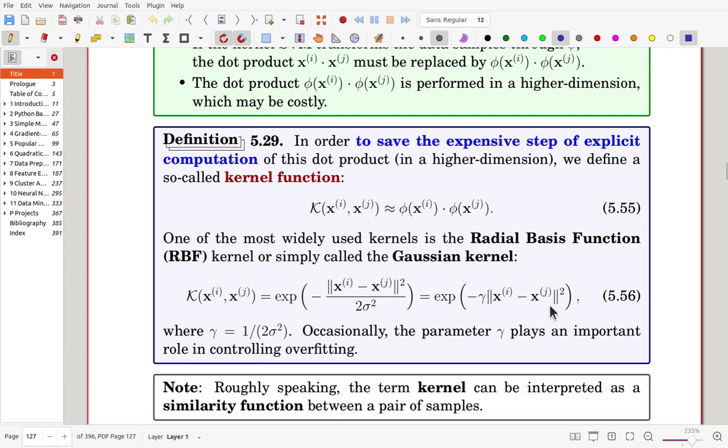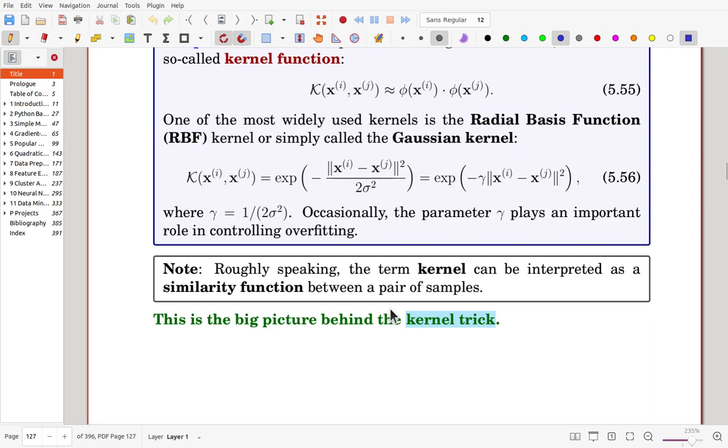If xi and xj are far away, then this norm squared will be large, and along with the negation, the value will be around 0. So we may consider the kernel as a similarity function.